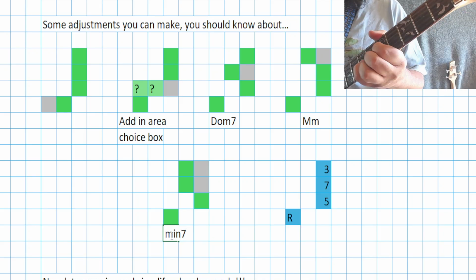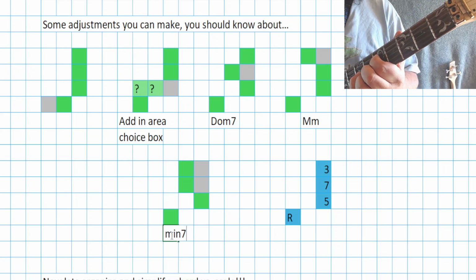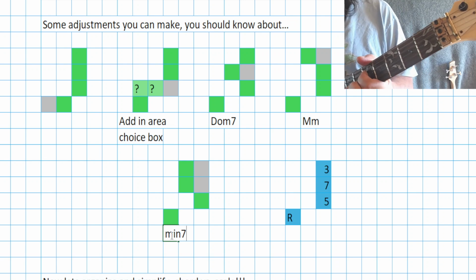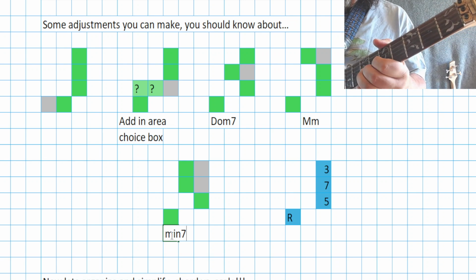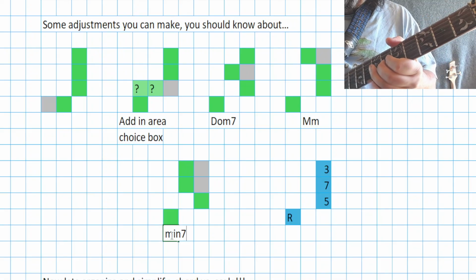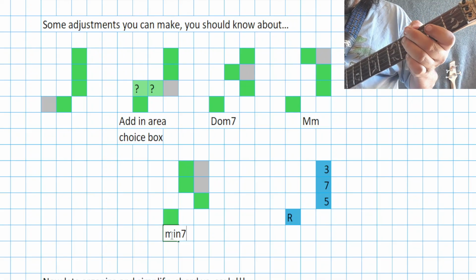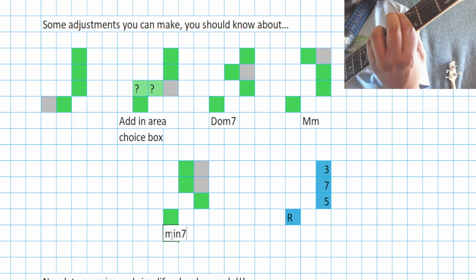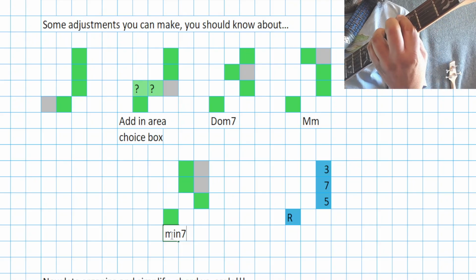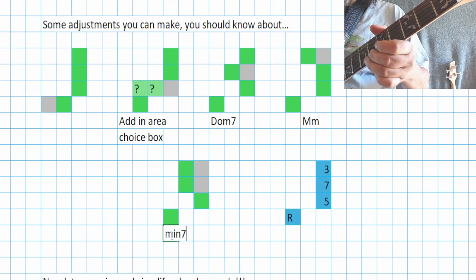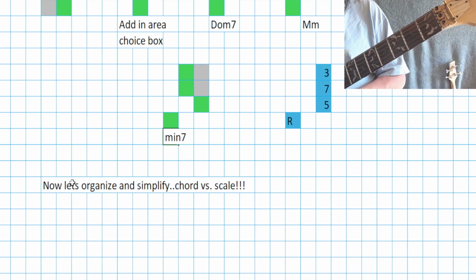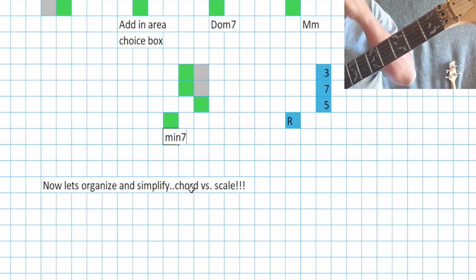But if you need it, you're right there in this area and you need your G minor 7 sound, it's going to be all those notes right there. So, like that.